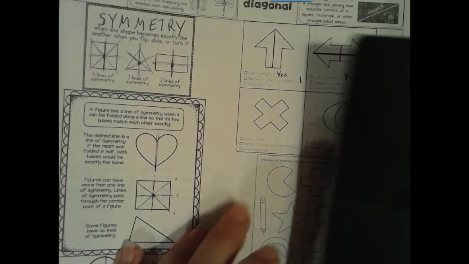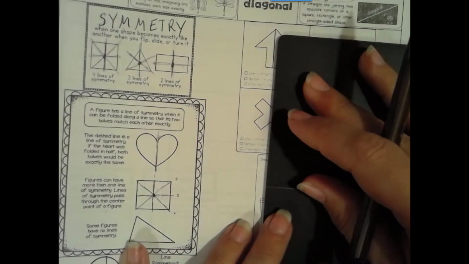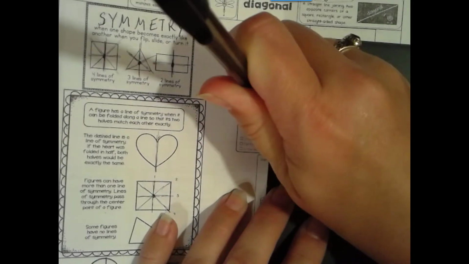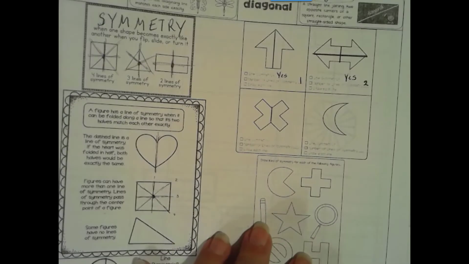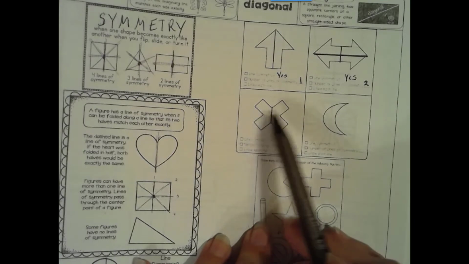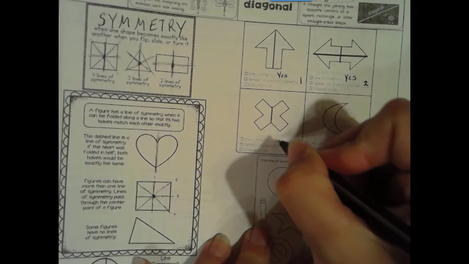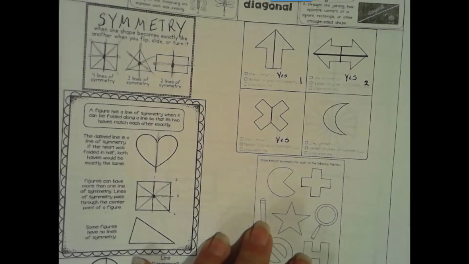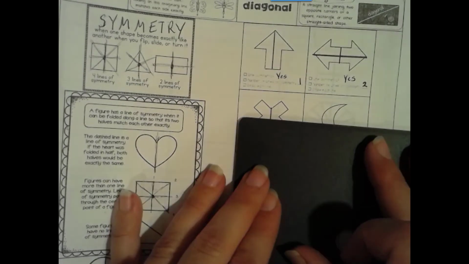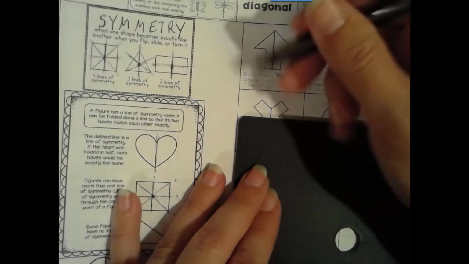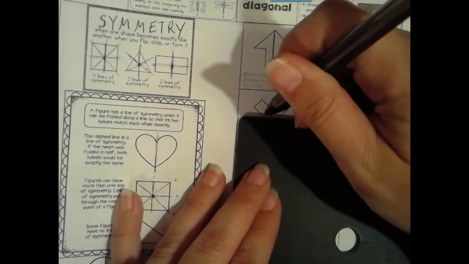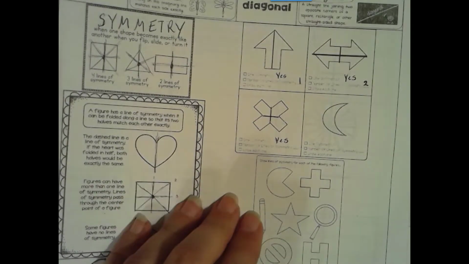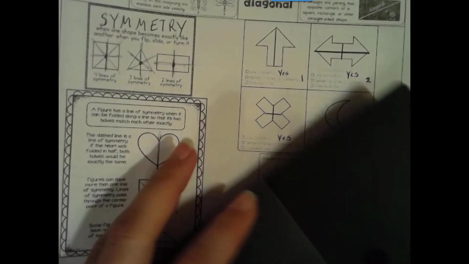Hey, how about this? X. We do have at least one line of symmetry that it will perfectly reflect across. So does it have line symmetry? Yes. Or is it line symmetric? Yes. Let's try horizontally. Yes, it does have one there. What about on the diagonal?